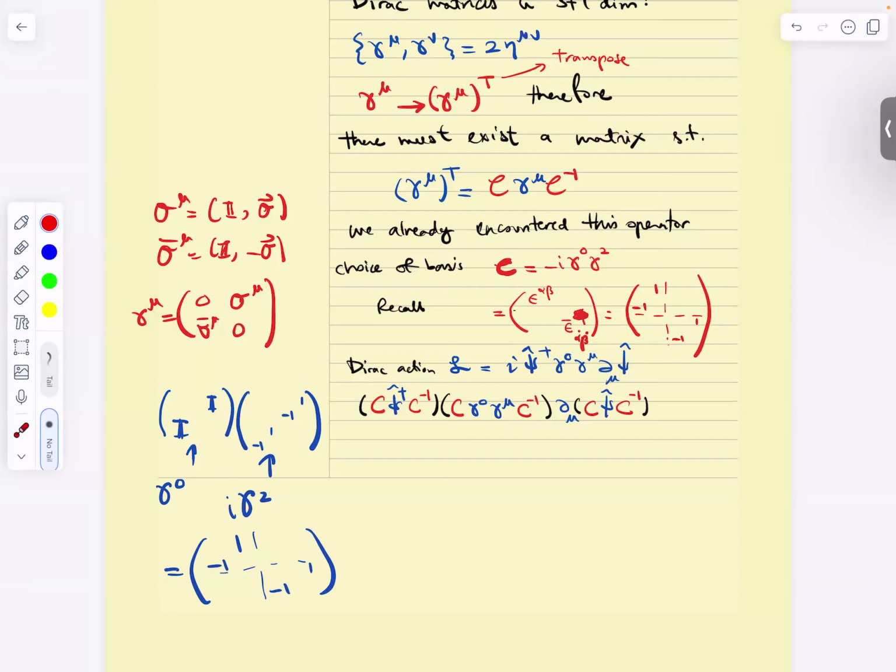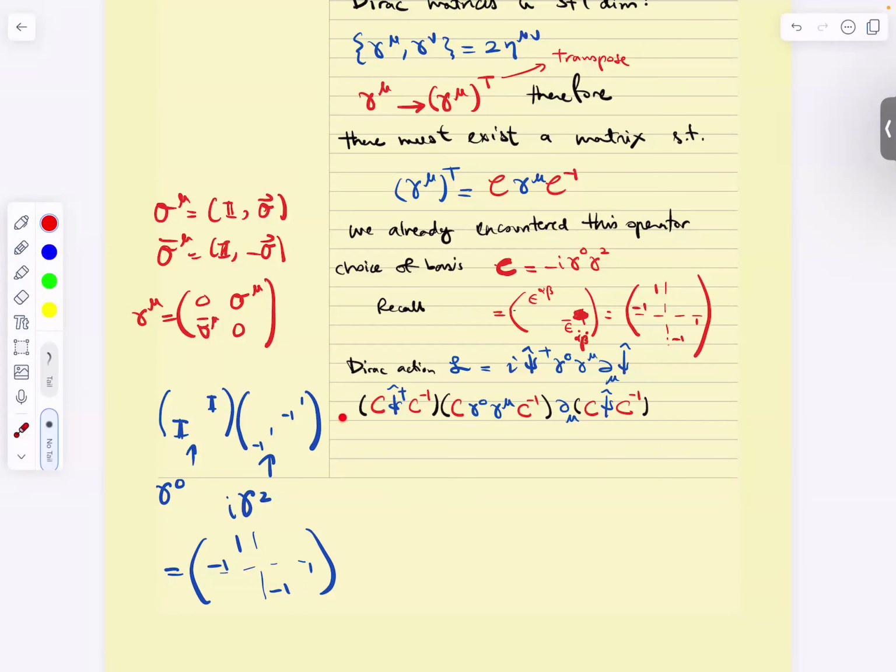All right. So I'm going to put C's in the middle all over the place. You know this term, right? That's just given. This term and this term are related. How are they related? One of them is the dagger of the other one, because C is equal to its dagger, right?